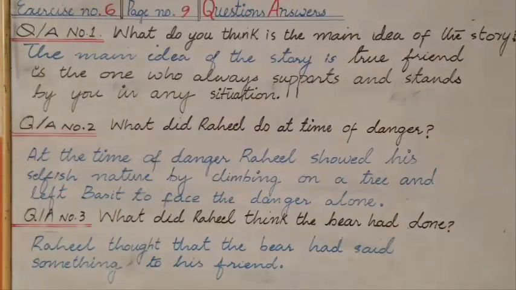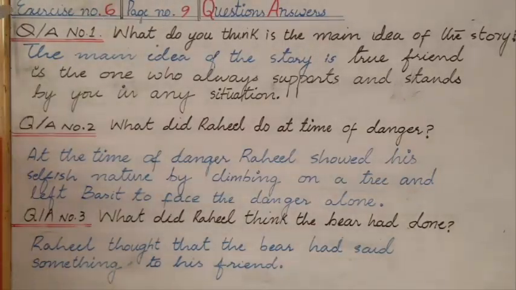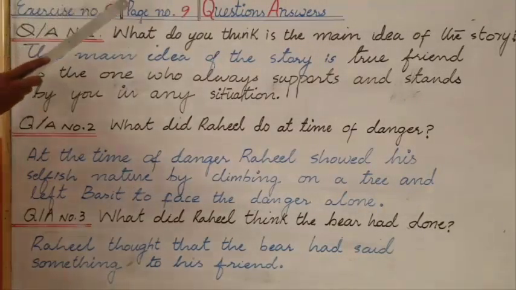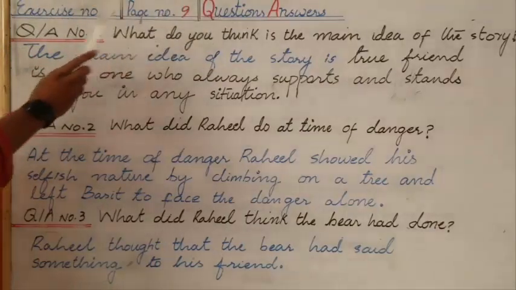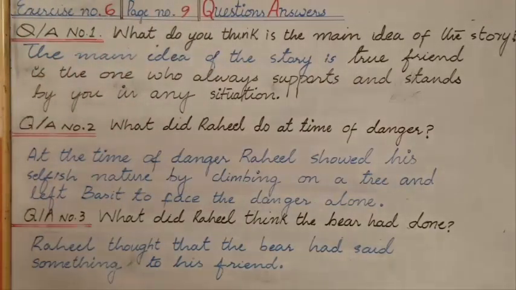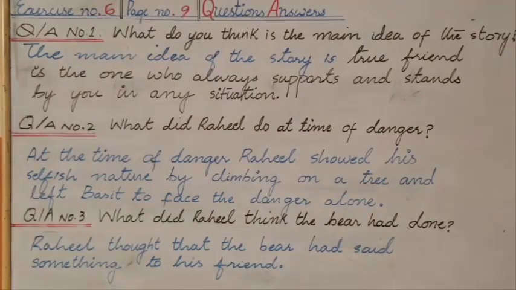Now we have last exercise of reading comprehension, and that is exercise 6 on page number 9, question answers. And you have to do these question answers in your notebooks. Okay?